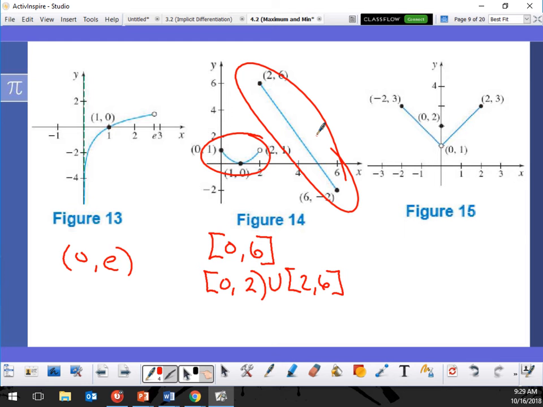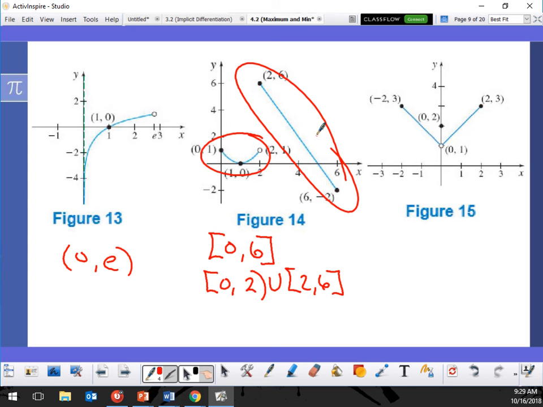At 6. Over that one interval, I could say yes, just for here and here. But would it be of that whole function? Yes, it would be over the whole function. So my maximum would be here, my minimum would be here.